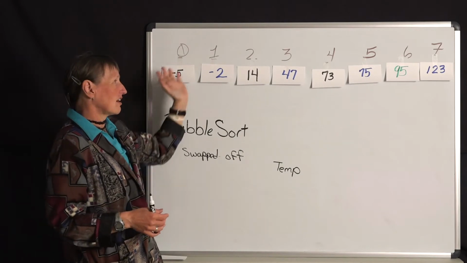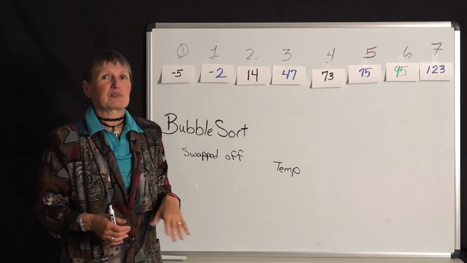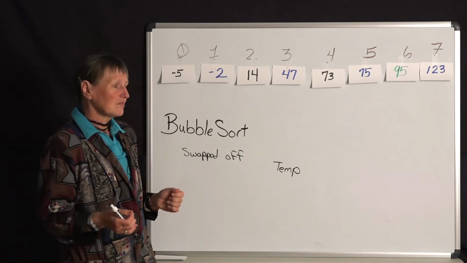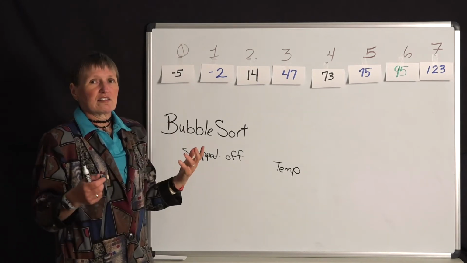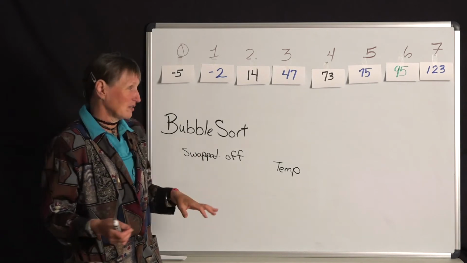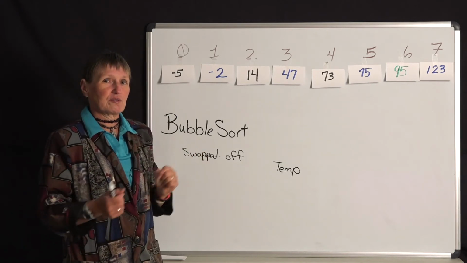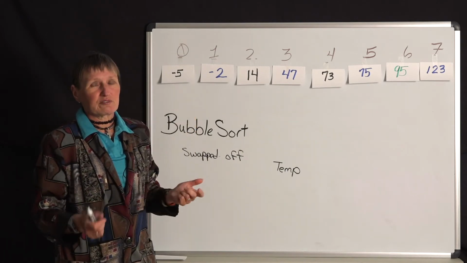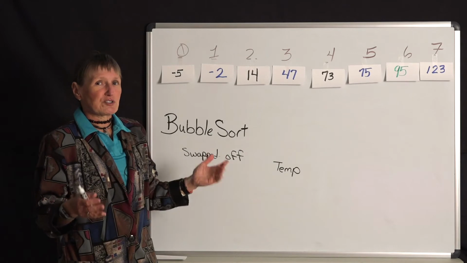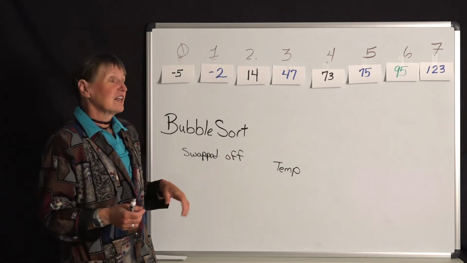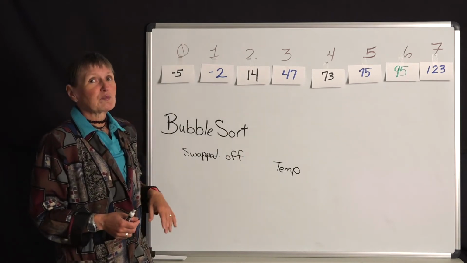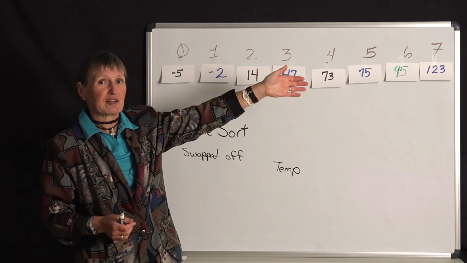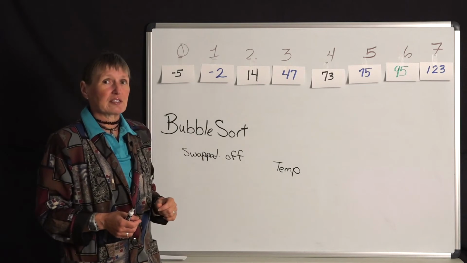If you noticed our list of numbers in the semi-random order that they were in, it is very time consuming with the bubble sort to actually go through and process it. That's why the bubble sort is not very efficient when it comes to large amounts of numbers, but it becomes very nice once they're sorted, because I can look at my least value compared to my highest value very, very quickly.